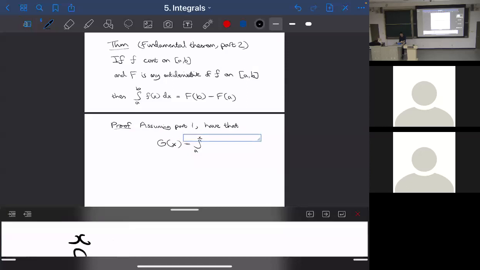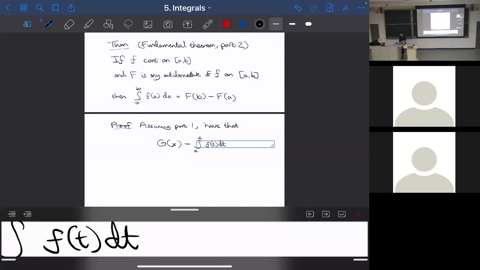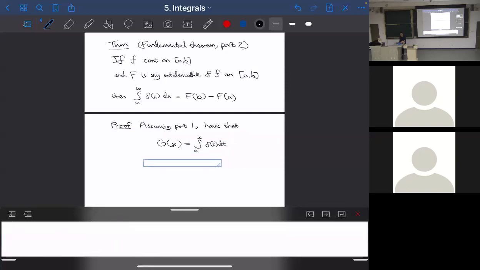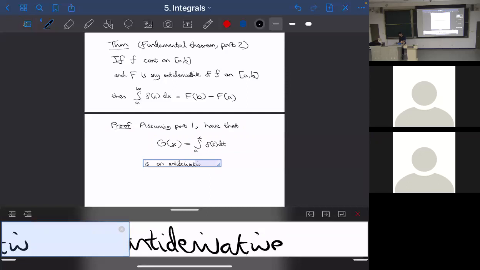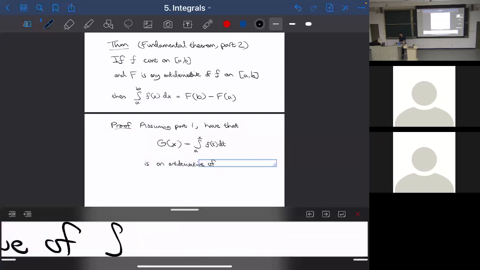So we integrate from a to x, f(t) dt. And what part one was saying is that this function, whatever we call it, this G(x) is an antiderivative of f.